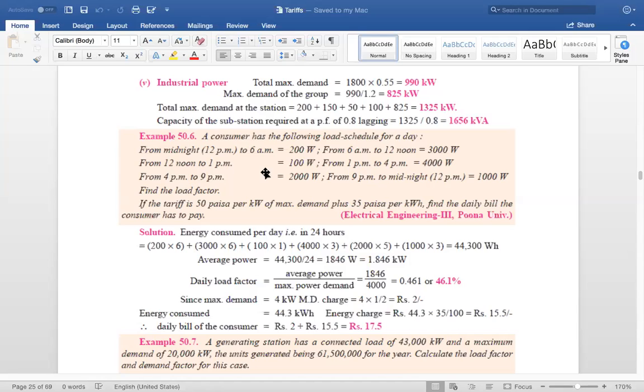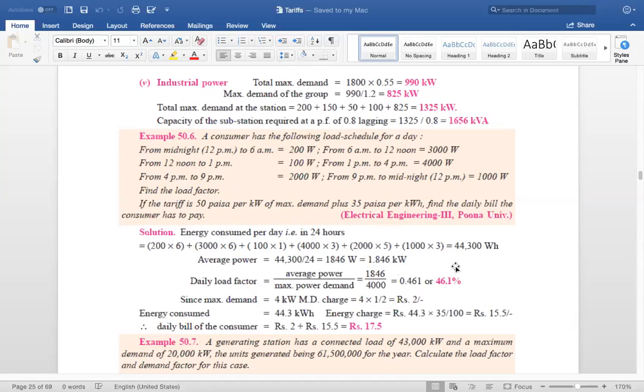daily bill. So the energy consumed during the day is 200 times 6, plus 3,000 for 6 hours again, plus 100 for 1 hour, plus 4,000 for 3 hours, and 2,000 watt for 5 hours, and 1,000 watt for 3 hours.